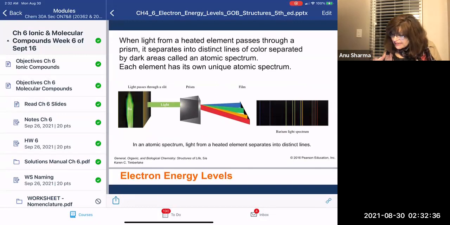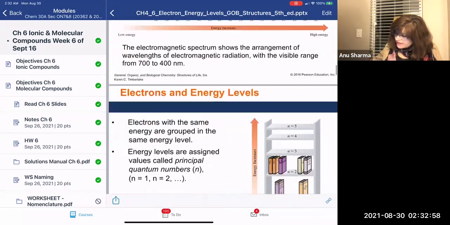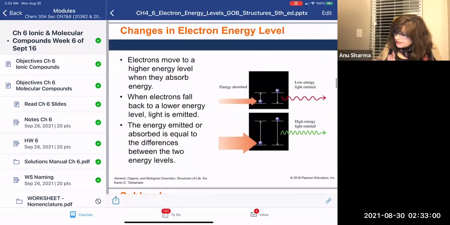So we understand that when you take an element and you heat it, from solid it goes to liquid, from liquid it becomes gas. Now, in that gaseous state, when you pass it through a prism, it breaks up, and you pass electrical current through it. So the electrons begin to jump.